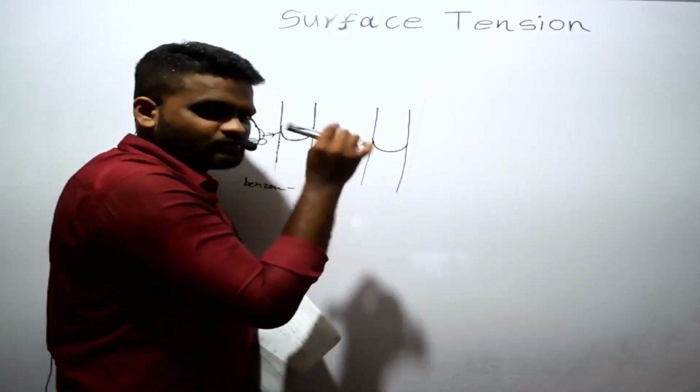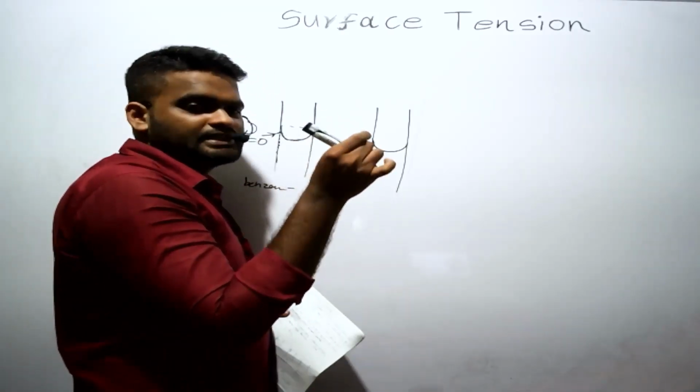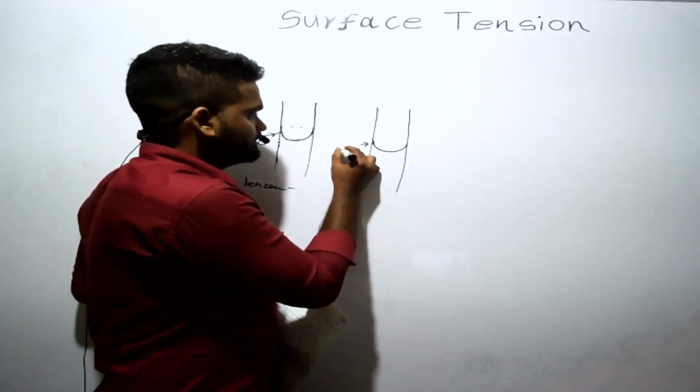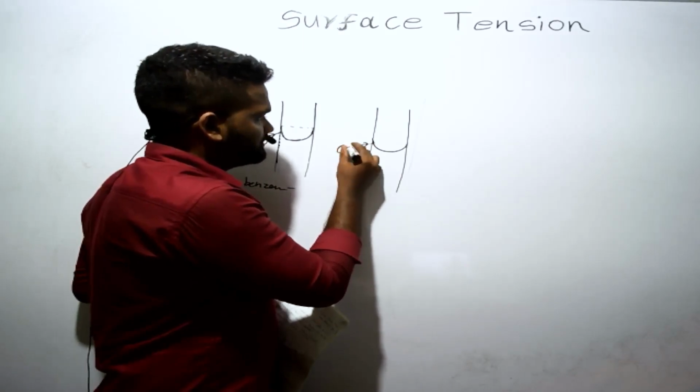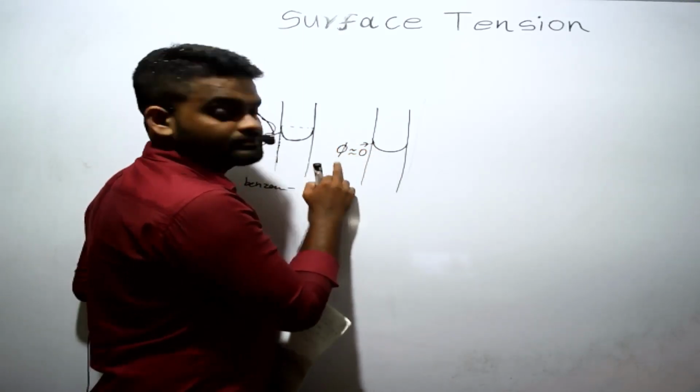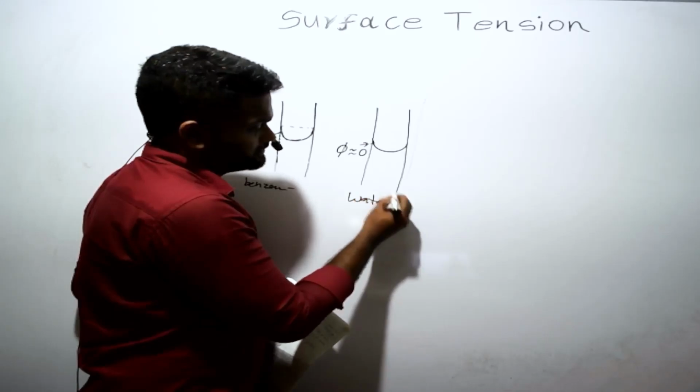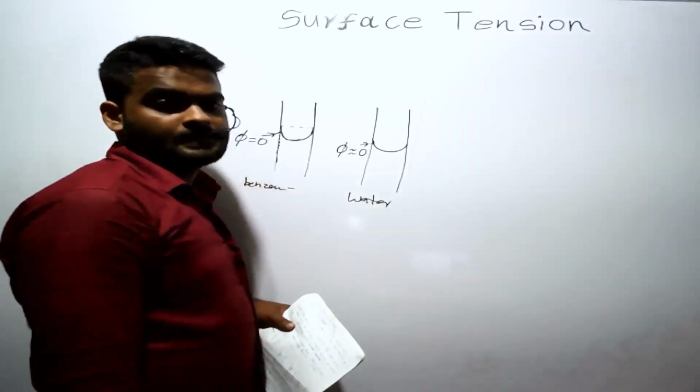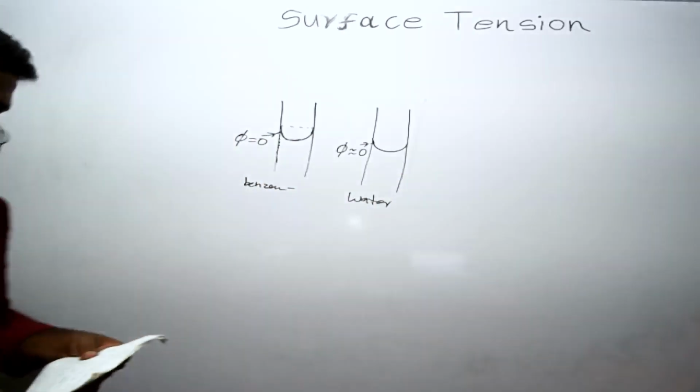But it could be 1 degree, 2 degrees in practical cases. So that's why we say the contact angle is almost 0 for water and glass tube. Okay?